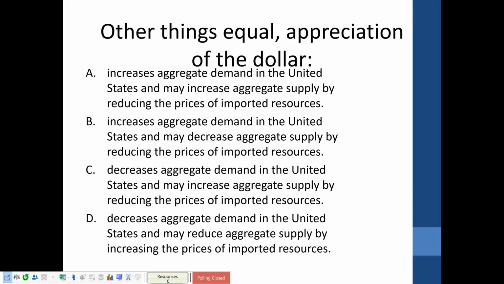How is that? Remember, for example, previously Japanese people spent 100 yen to purchase $1 to get 1 can of Coca-Cola, and now they have to spend 200 yen to get $1 to buy 1 can of Coca-Cola.